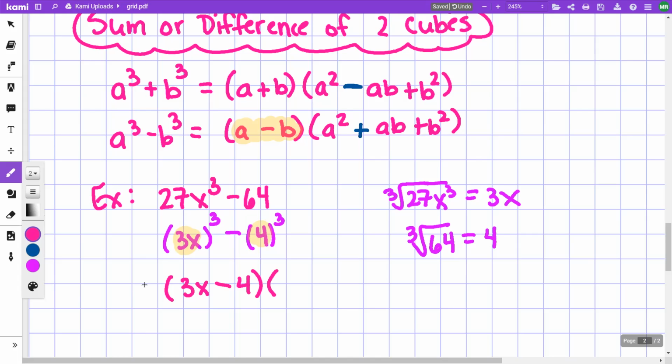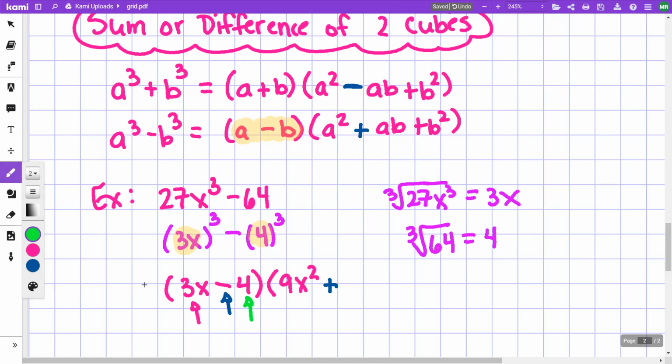That's my binomial times. And now I'm going to take this 3x and I'm going to square it, which is a 9x squared. I am going to look at this minus, and now this is going to become opposite, which is a plus. Sorry, I'm going a little ahead.